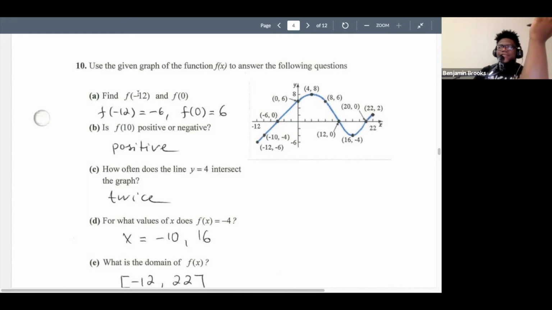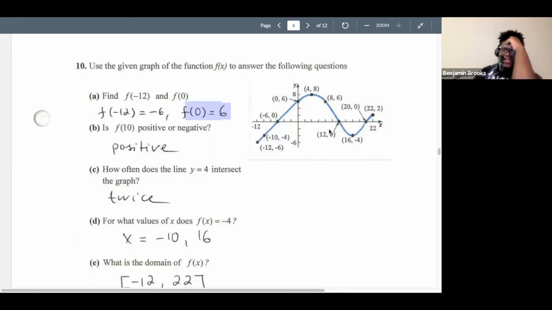Because you can think of f of x or f of negative 12 as your y value at negative 12. So f of negative 12 would be negative 6. So you can see that right there, negative 6. F of 0, all right, so where is x equal to 0? So x is equal to 0, y is equal to 6. So f of 0 would be 6.